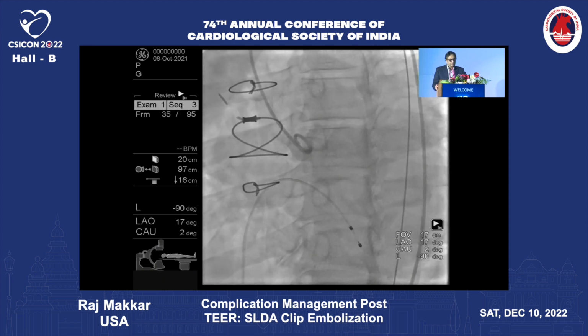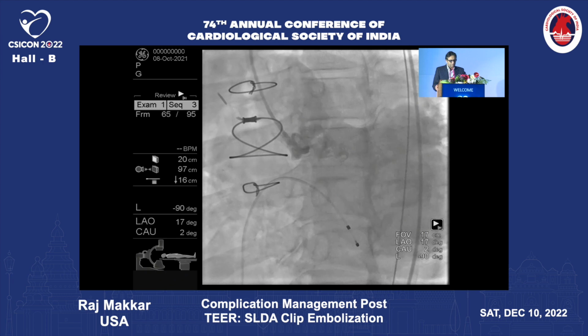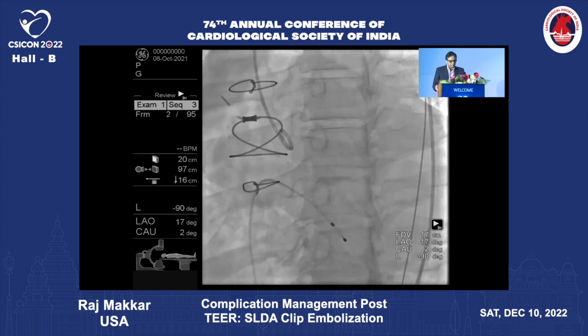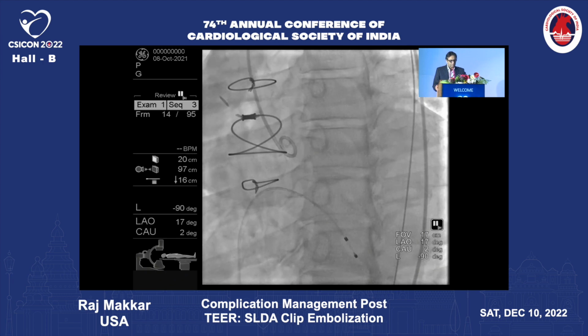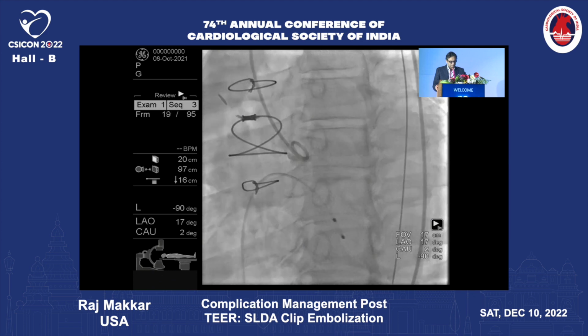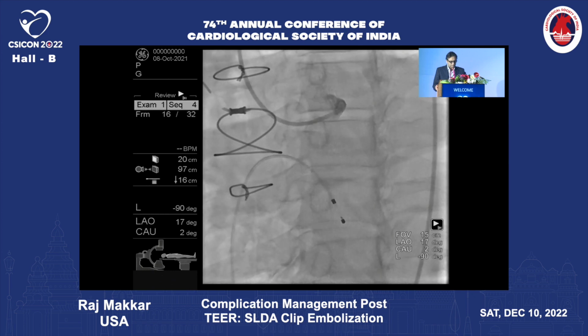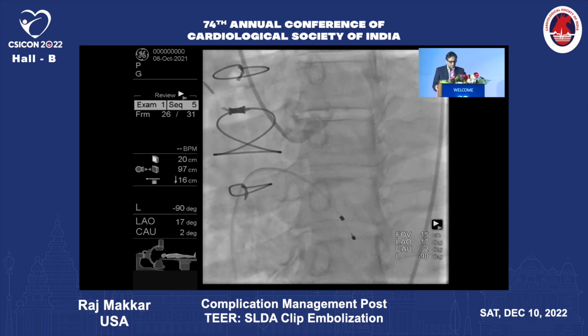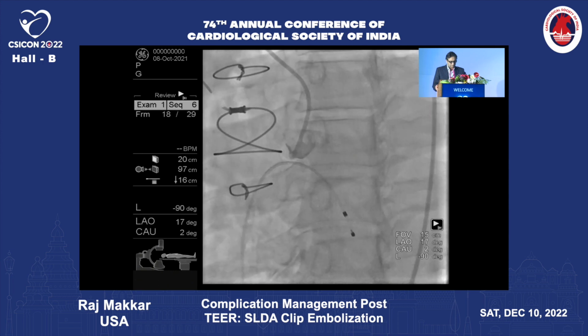Now, the key here is to actually be able to selectively get into these cusps when you release the locators. So we actually took injections. So this is injection into the left cusp with a multipurpose. This is injection into the right coronary cusp with a multipurpose. And now here is the non-coronary cusp.